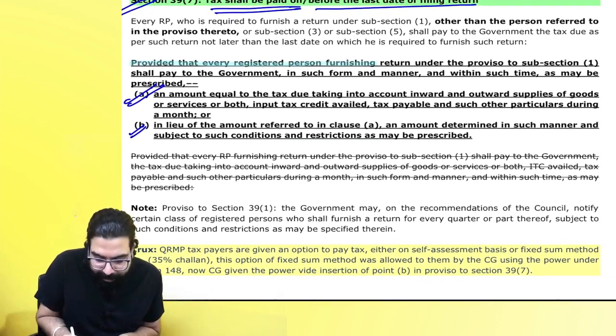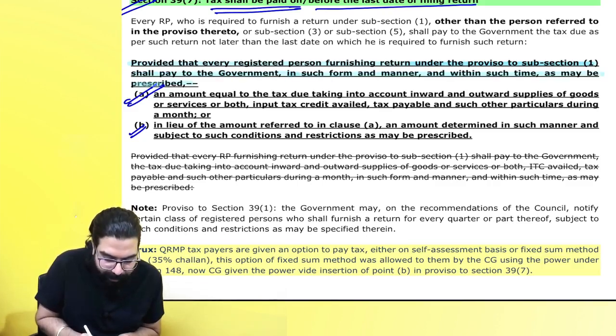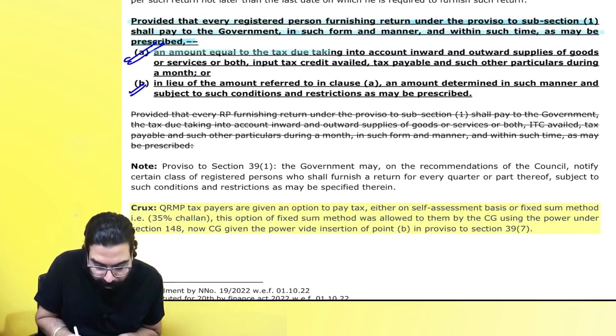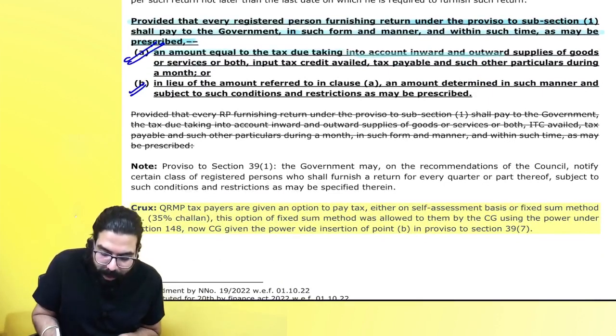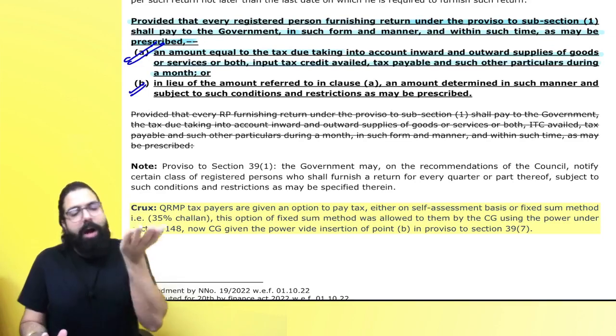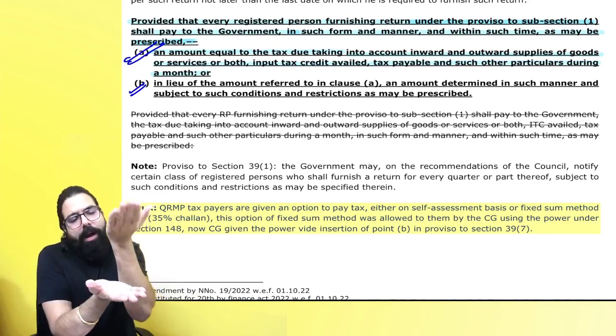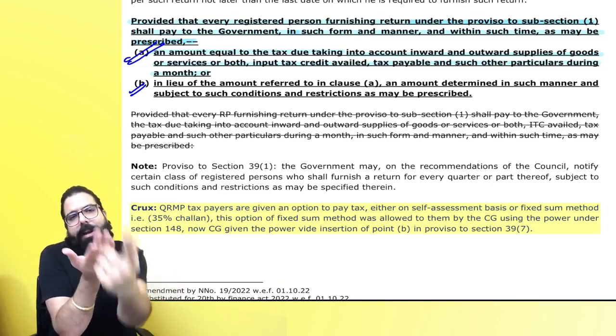Provided that every registered person furnishing return under the proviso to subsection 1 shall pay to the government, in such form and within such time as may be prescribed, an amount equal to the tax due, taking into account inward and outward supplies of goods, ITC availed, tax payable. When you are filing your return, outward supplies, inward supplies, output tax liability, input tax credit, the remaining amount you pay.